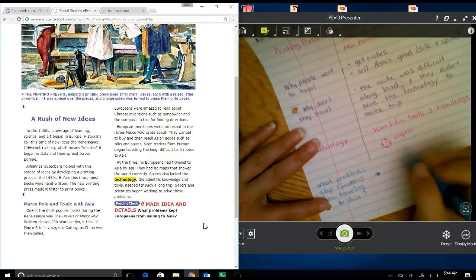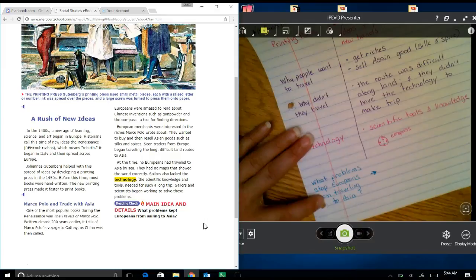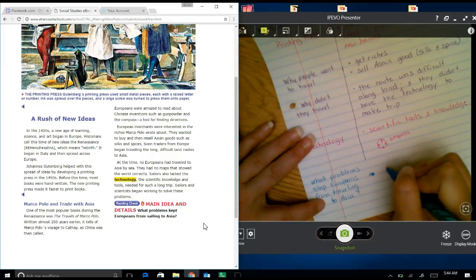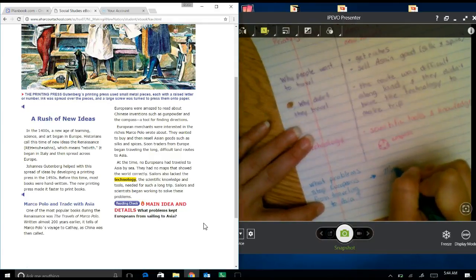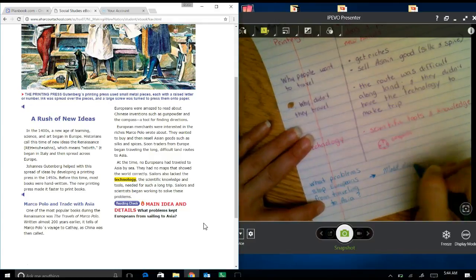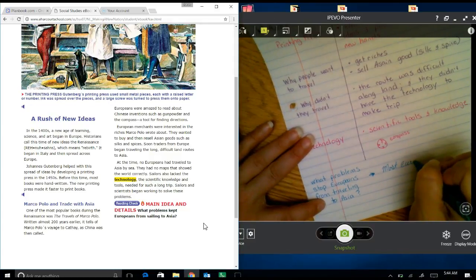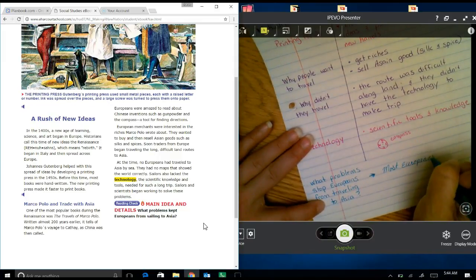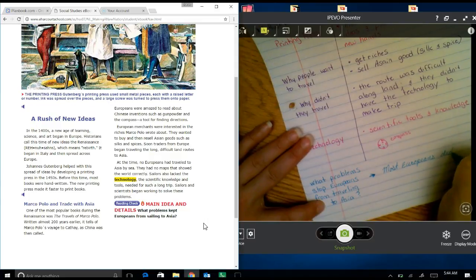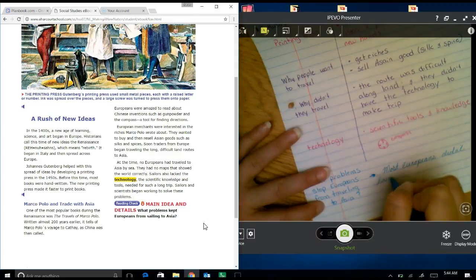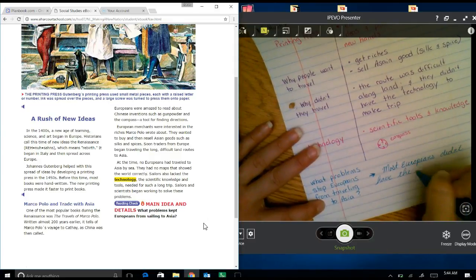Okay, so I think Europeans didn't travel to Asia because they simply didn't have the resources. Okay, most Europeans didn't have the technology and resources.